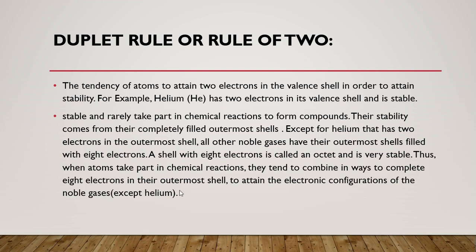Thus, when atoms take part in chemical reactions, they tend to combine in ways to complete 8 electrons in their outermost shells to attain the electronic configurations of the noble gases except helium. So, I hope what I have just read out is clear to you.